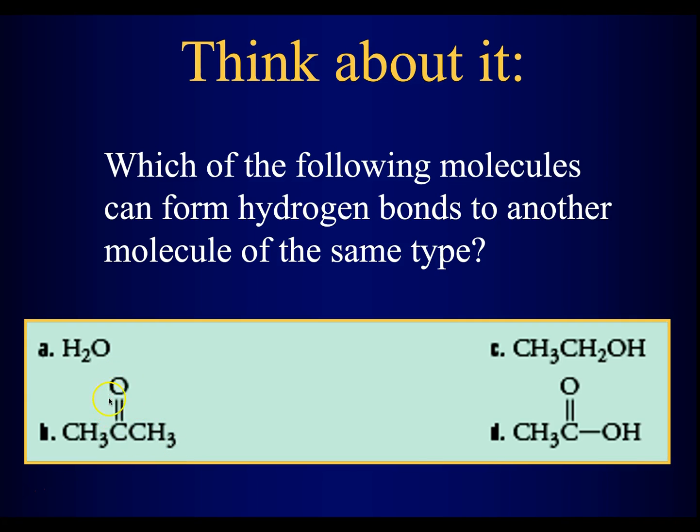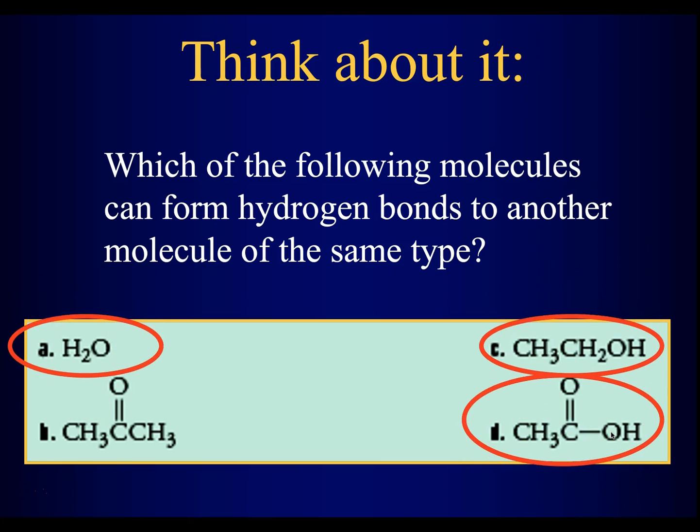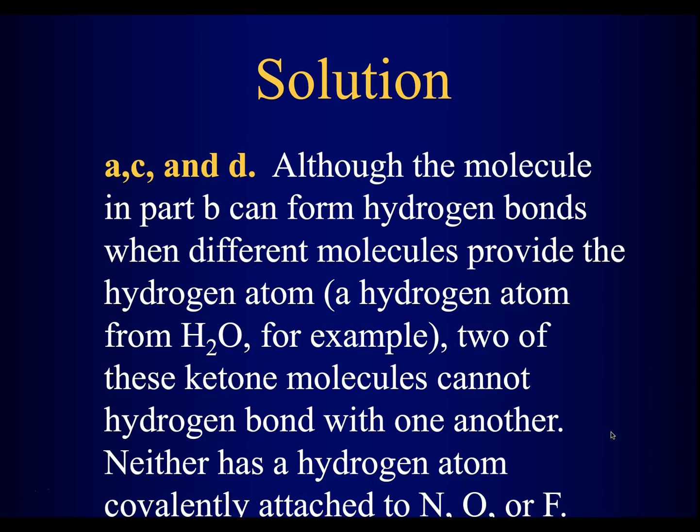That's our ketone, and it doesn't have any hydrogens attached to that oxygen. So it's not the carbonyl group that makes it a hydrogen bond, it's the OH. I have to have both of them to make a hydrogen bond. So our solution is only A, C, and D, since we have to have an N, O, or F covalently attached to a hydrogen to form a hydrogen bond.